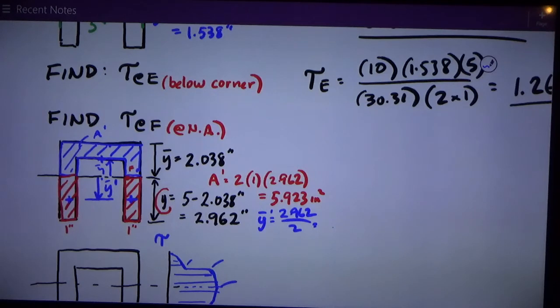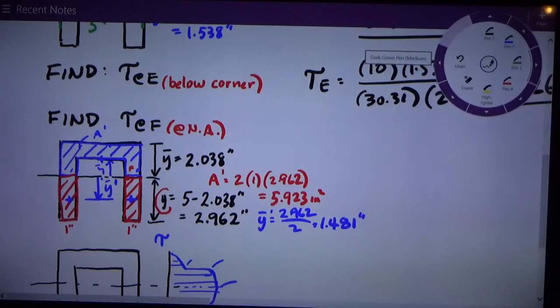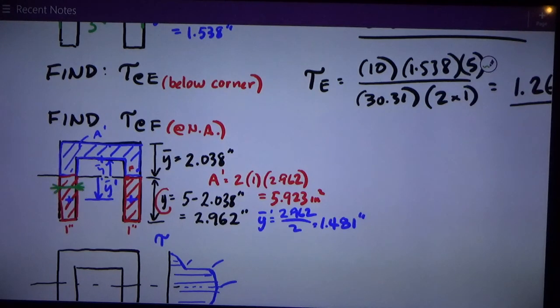It's a rectangle, half of its height, 1.481 inches. Therefore, I'm ready to calculate tau. Real quickly, let's note again that the thickness at that section is the thickness of one rectangle, 1 inch, and the other rectangle, 1 inch. So it's a total of 2 inches thickness.